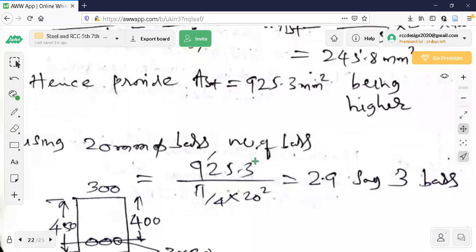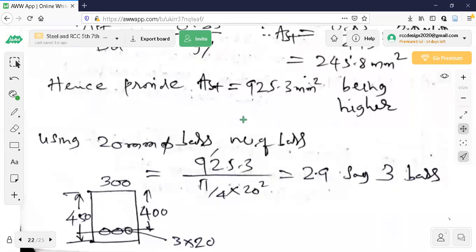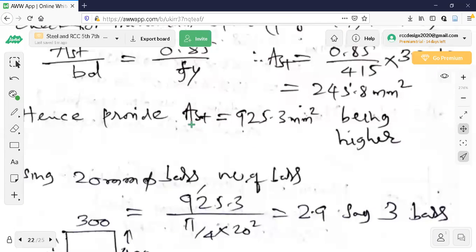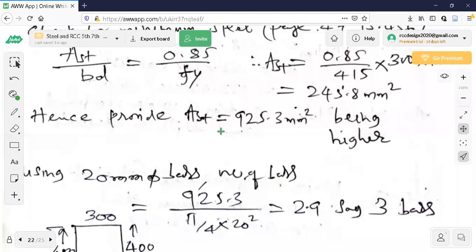As long as he is trying to provide AST 925, that is why the answers will be different in the exam. Observe this. As long as he finds the number of bars and diameter which will give AST very close to this number, it is accepted. For example, if somebody says I'm going to use 16 mm bars, let him use it, no problem.